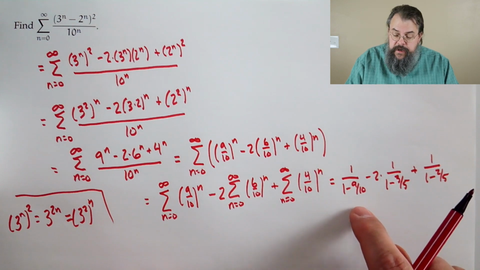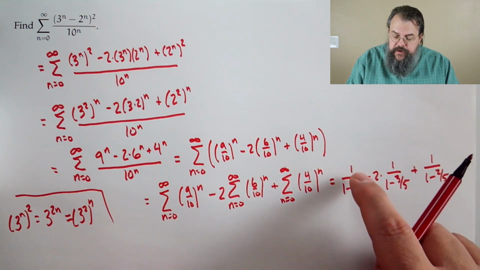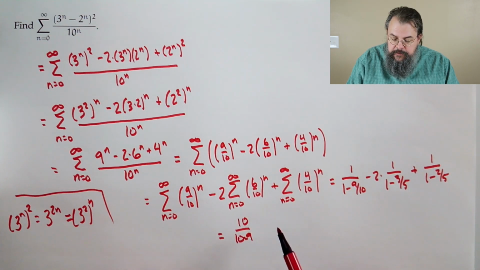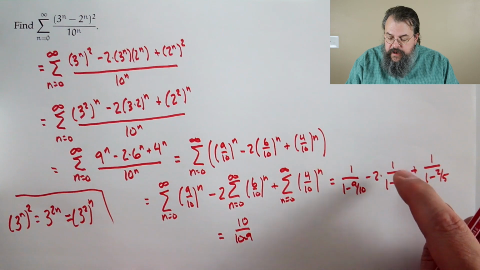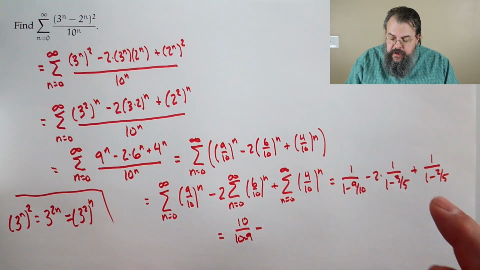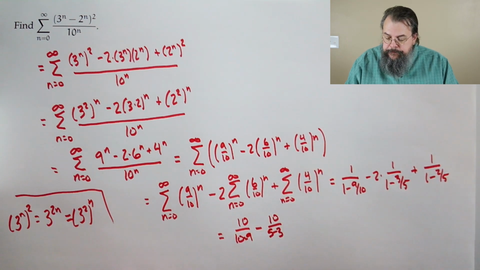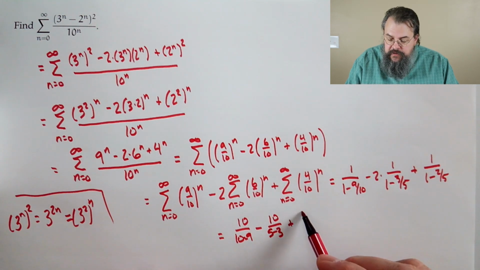Okay, clear denominators. I'll multiply by 10 over 10 in the first case, so you get 10 over 10 minus 9. Here, multiply by 5, so we're going to get minus 2 times 5, which makes a 10 over 5 minus 3. And here, multiply by 5, plus 5 over 5 minus 2.